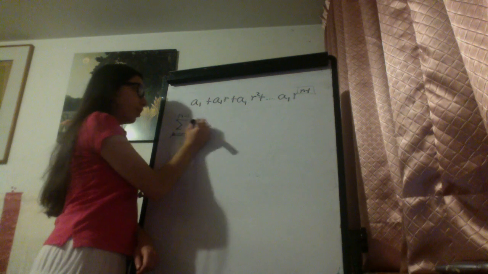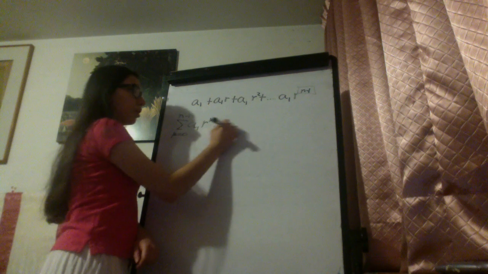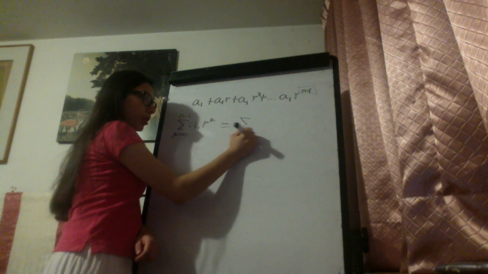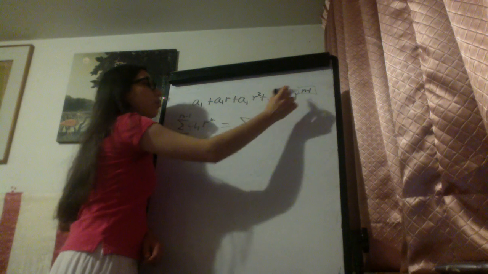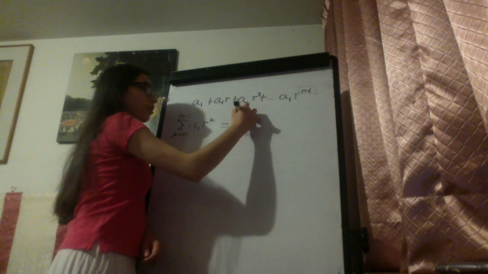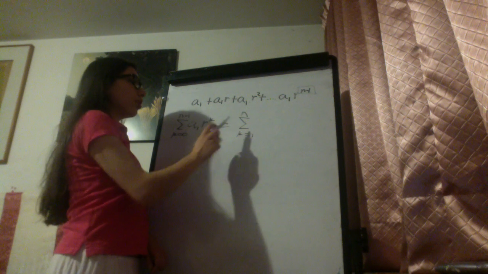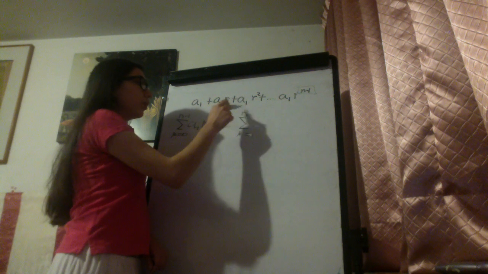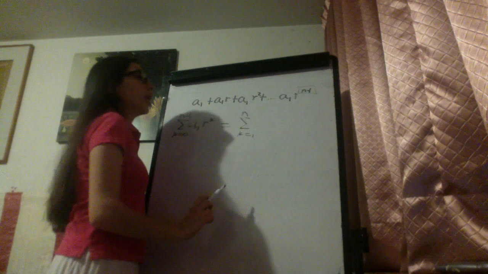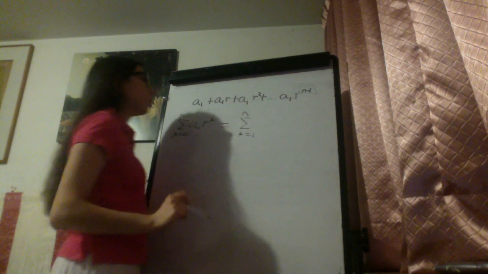The other way to express this is the summation from k equals 1 to 1 more than the power of the last term of the r. So that would be n minus 1 plus 1, which is just n, so k equals 1 to n, the number of terms that we have. Here we have n terms because we are ending up with r to the n minus 1.